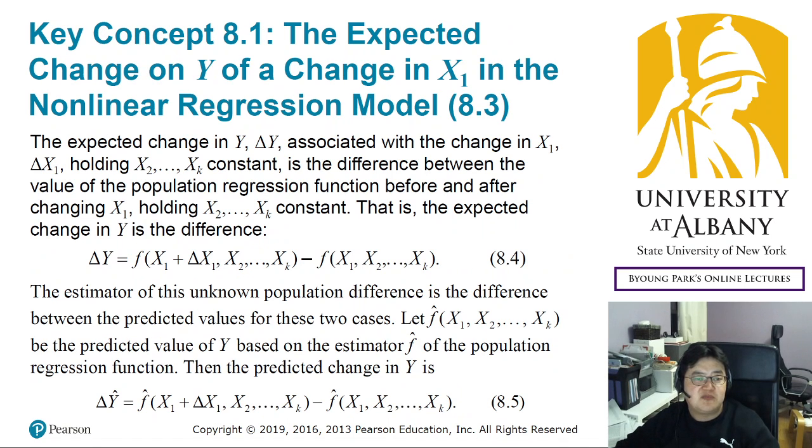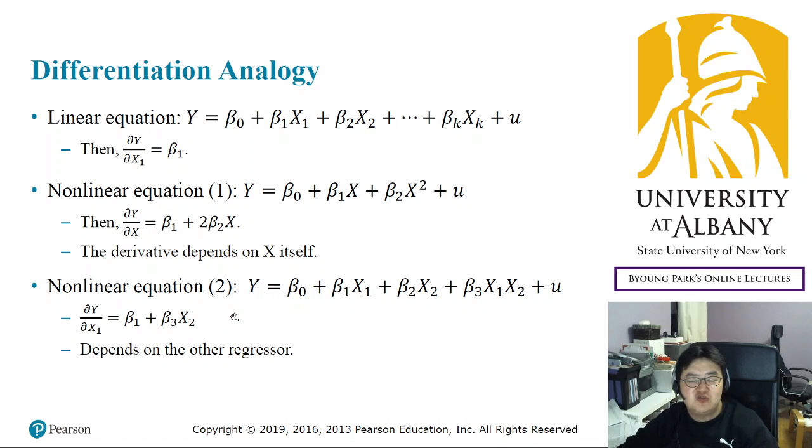So it's the same thing. You may understand this as a kind of differentiation, the derivative. So think about the derivative of a linear equation. If you had this linear equation, y equals beta 0, the intercept, plus beta 1 x1, beta 2 x2, and there are k regressors, and add an error term.